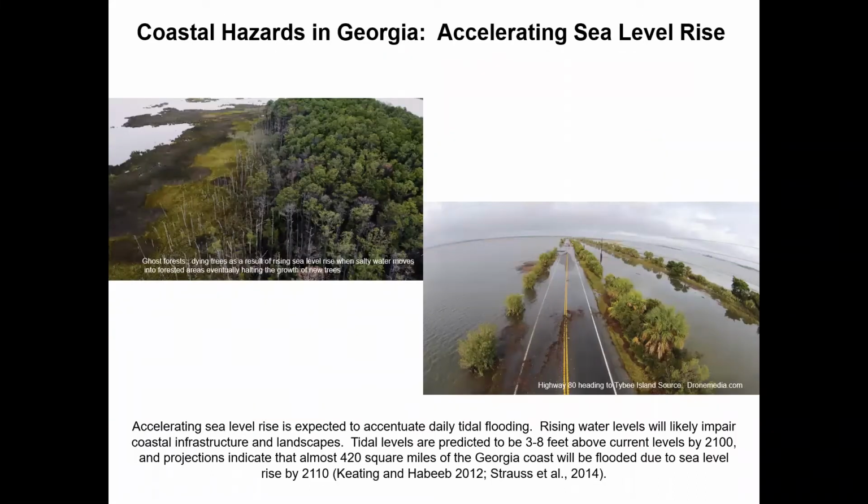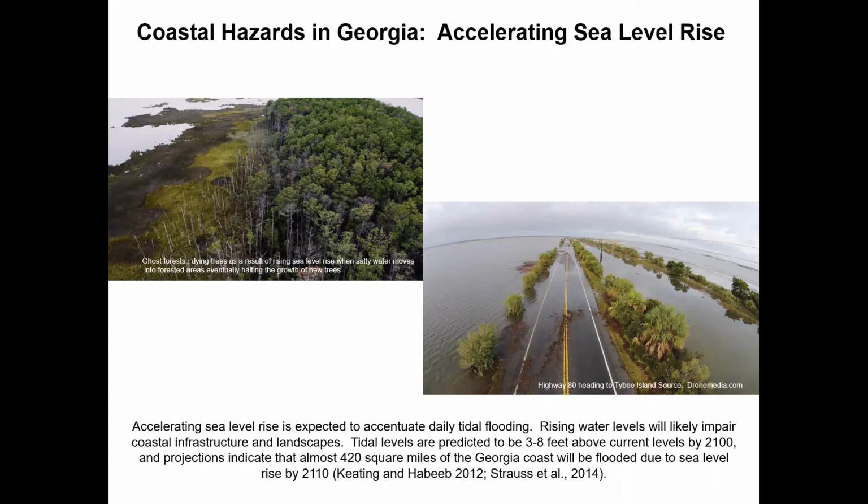Another hazard people tend to think about is the accelerating sea level rise. Regretfully, that is expected to increase over many years. Tidal levels are predicted to be roughly 3 to 8 feet above current levels by 2100.